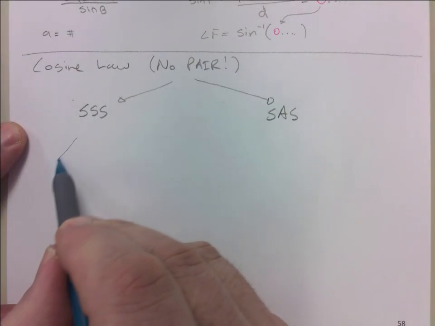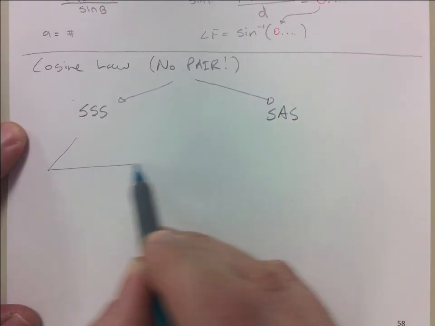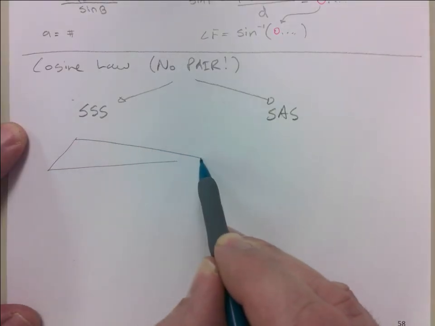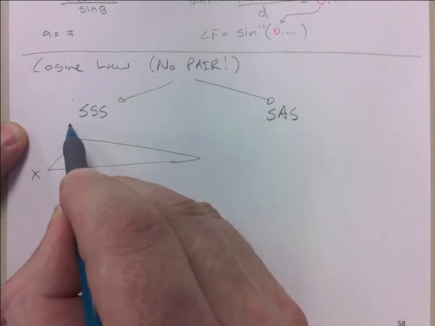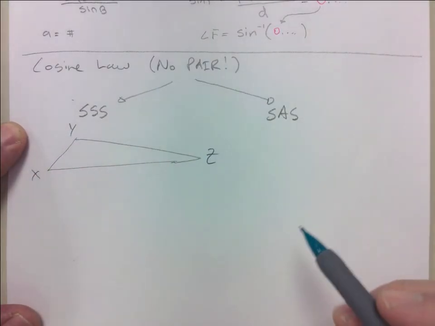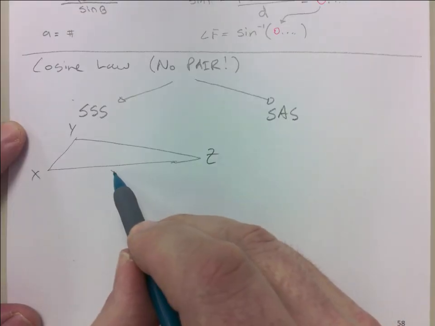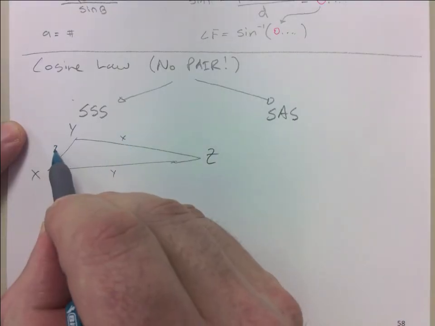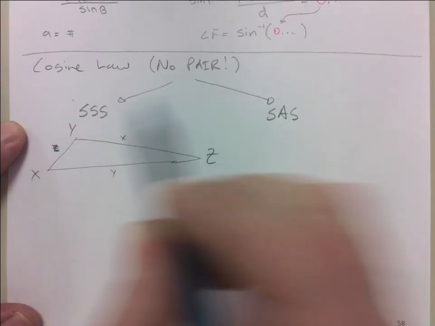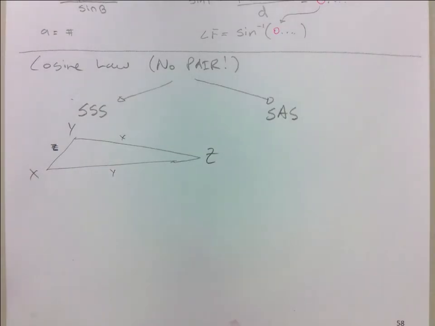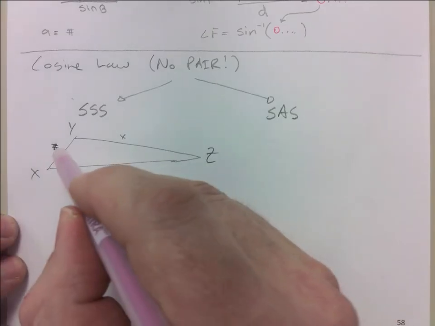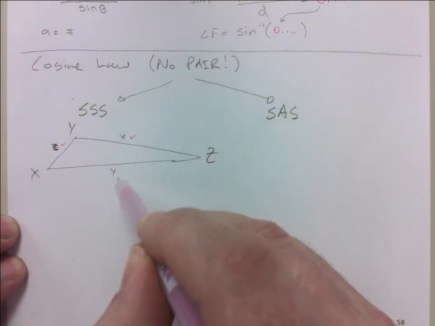If it's side, side, side, let's go with x, y, z here. X, y, z, and we've got a lowercase. Should have done the check marks with red earlier. So all three sides are given.